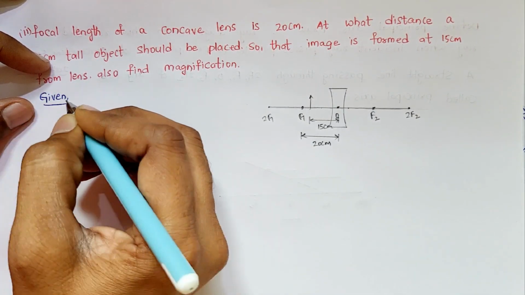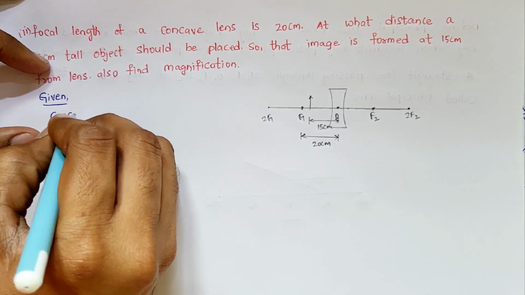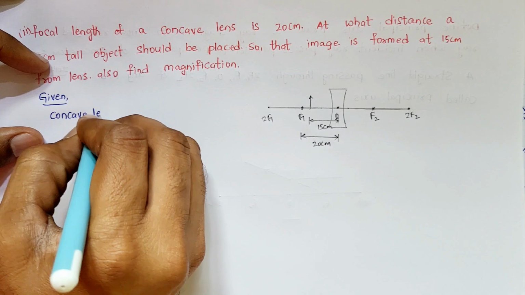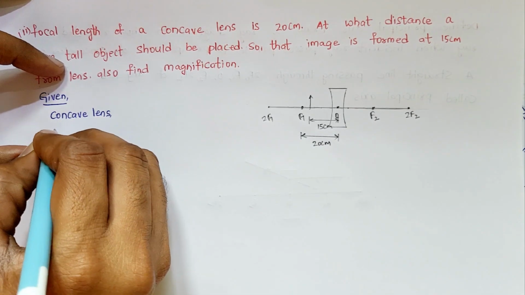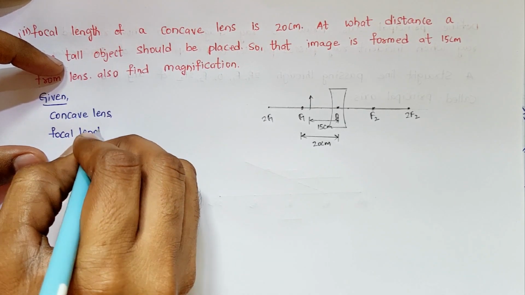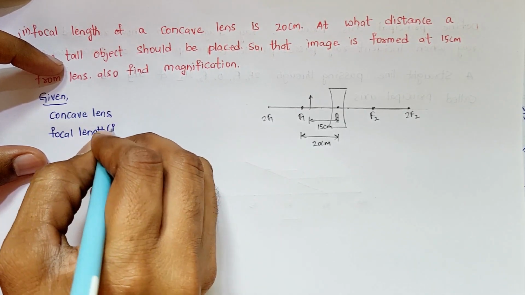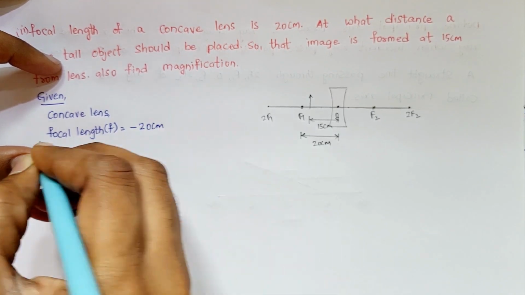So what is the given data? Let us write down. Which lens is it? Concave lens. So the focal length will be negative. So they also give the focal length. Focal length f is equal to minus 20 centimeters.